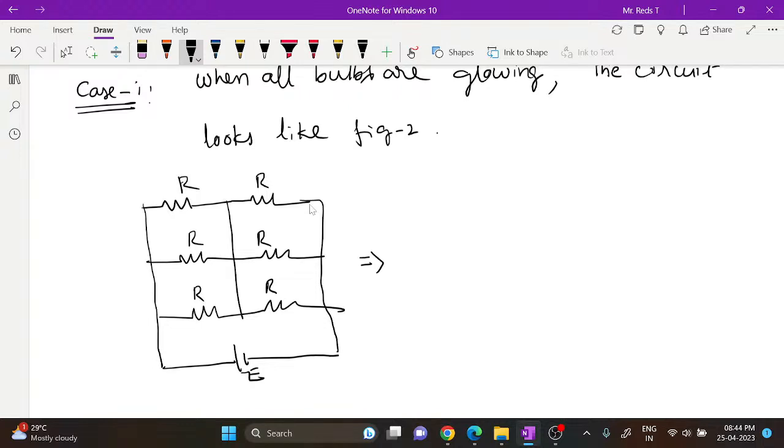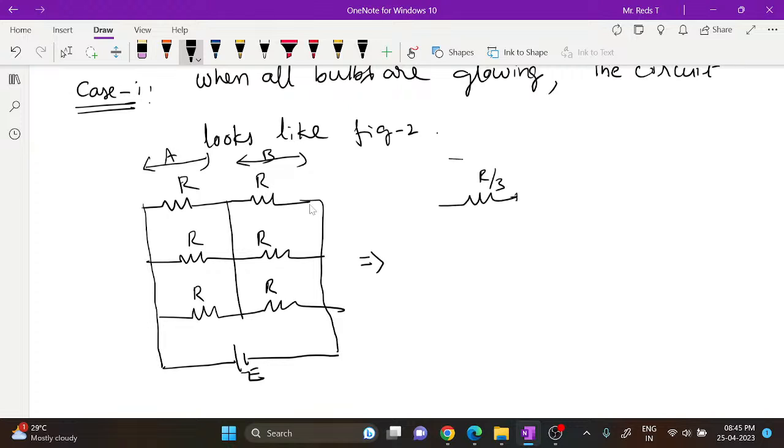This is section A, and this is section B. Under A, three bulbs are connected in parallel, so the resultant resistance under section A is R by 3.